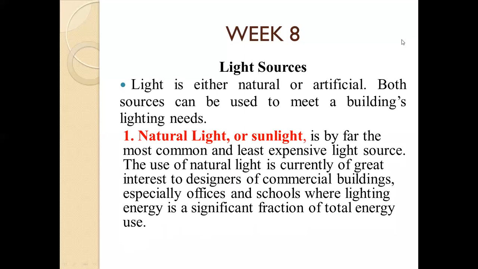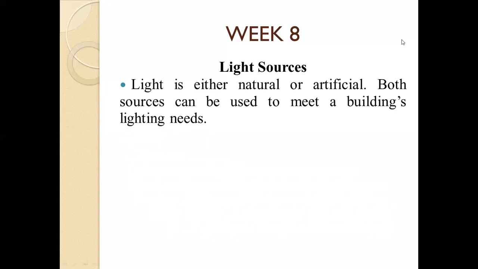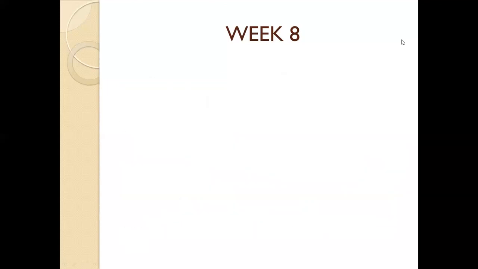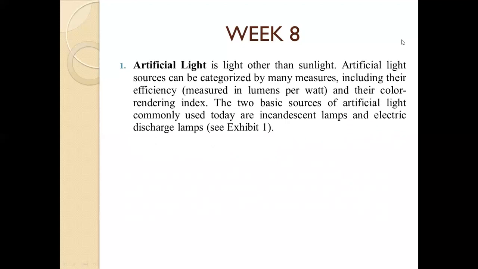We also have another light source, the artificial light, which is light other than sunlight. Artificial light sources can be categorized by many measures, including their efficiency, measured in lumens per watt, and their color rendering index.